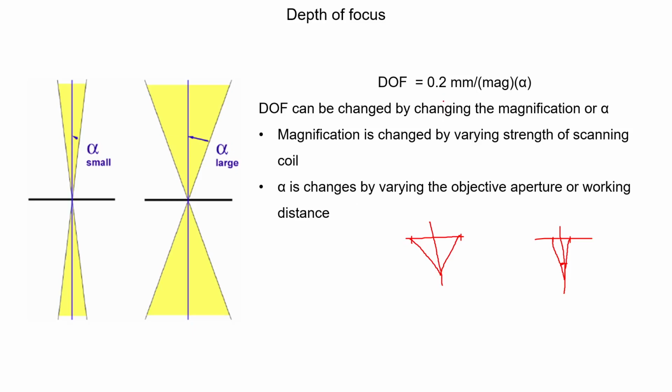So you can change the depth of focus of your image by changing the magnification, by changing the strength of the scanning coil, or by changing alpha, and alpha can be changed by the objective aperture or by working distance. Are all the concepts clear to everyone?